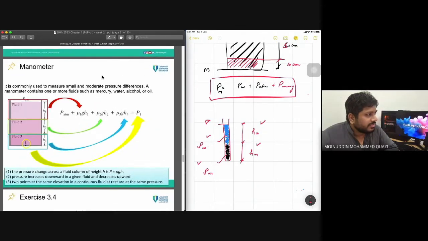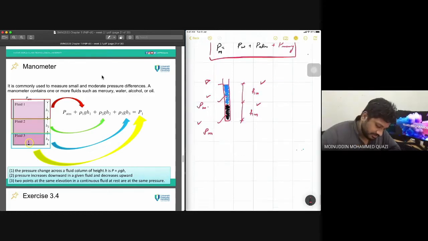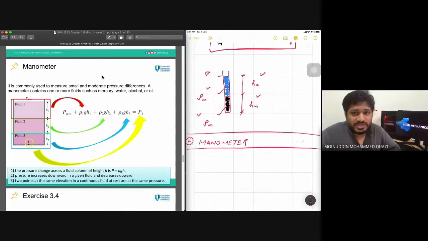So the barometer problem is finished, and the pressure variation with respect to height problem is also finished. Now we move on to the second device. First device was barometer. Now we move on to the second device, which is called manometer.